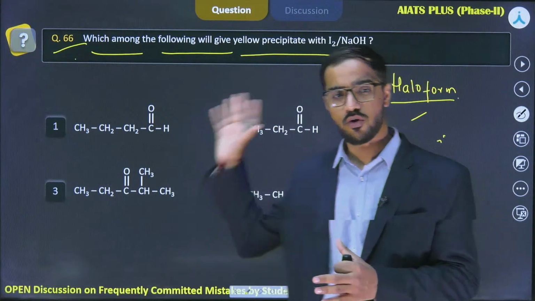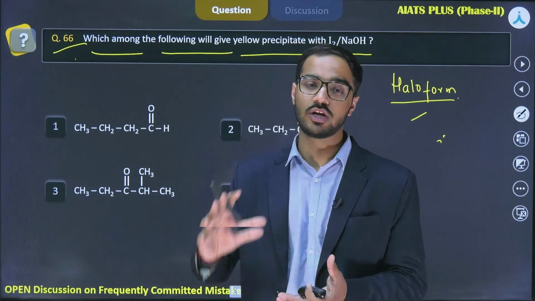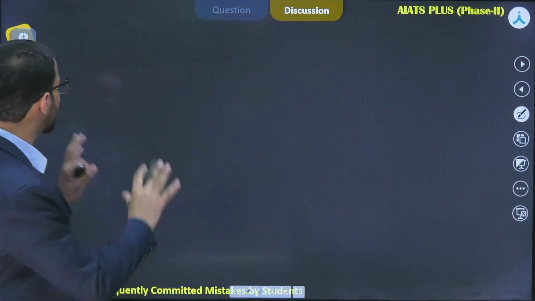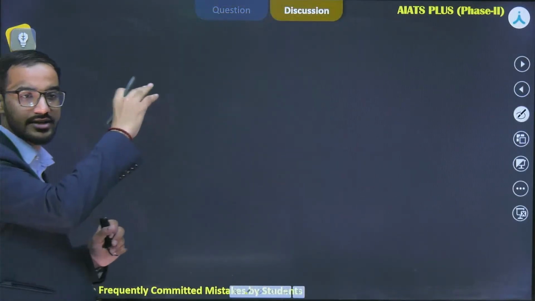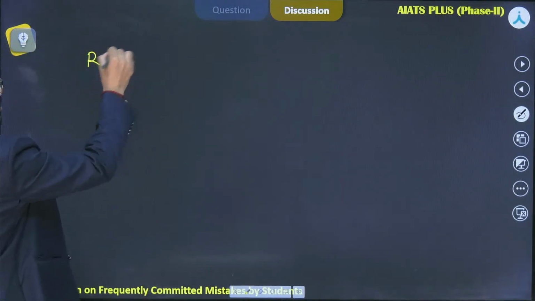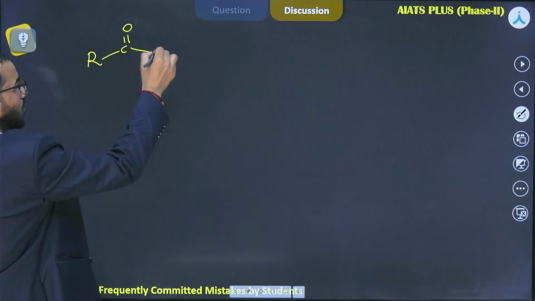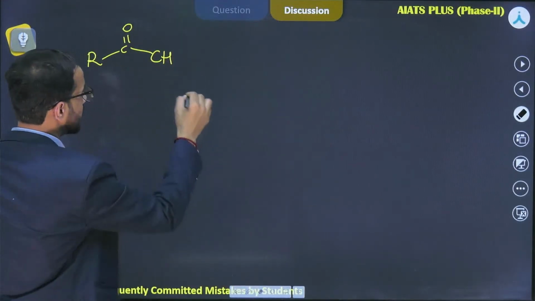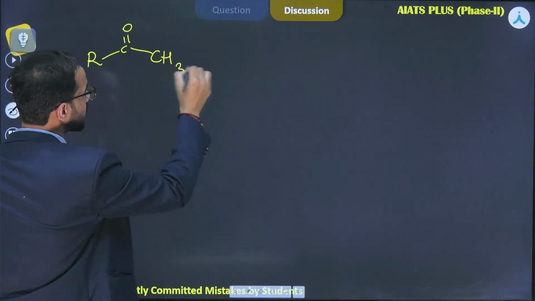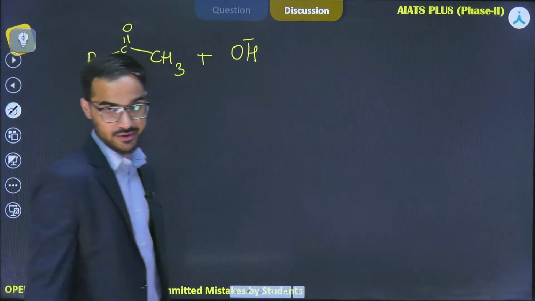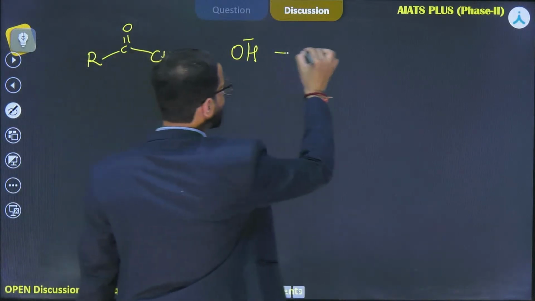Okay, so before going to this question, we have to deal with the mechanistic approach. Let us take an example using the methyl group: R C double bond O CH3, and you are reacting with a base. Let us take an OH negative here.